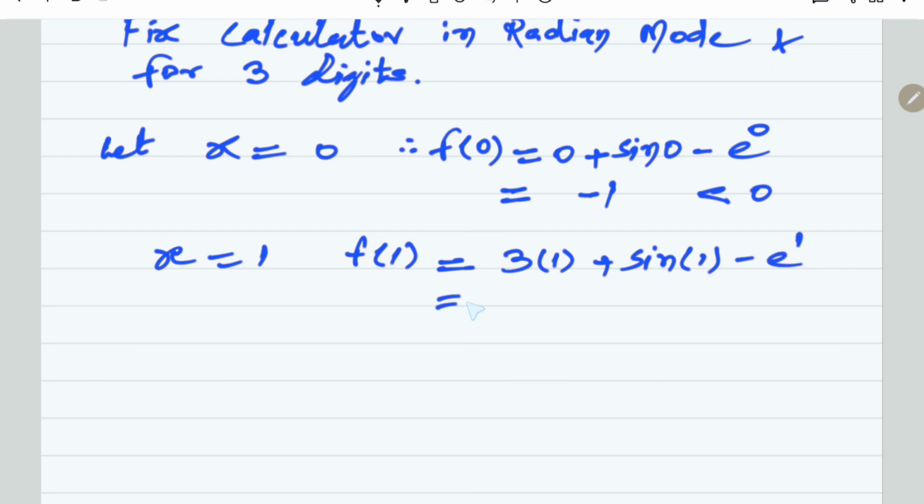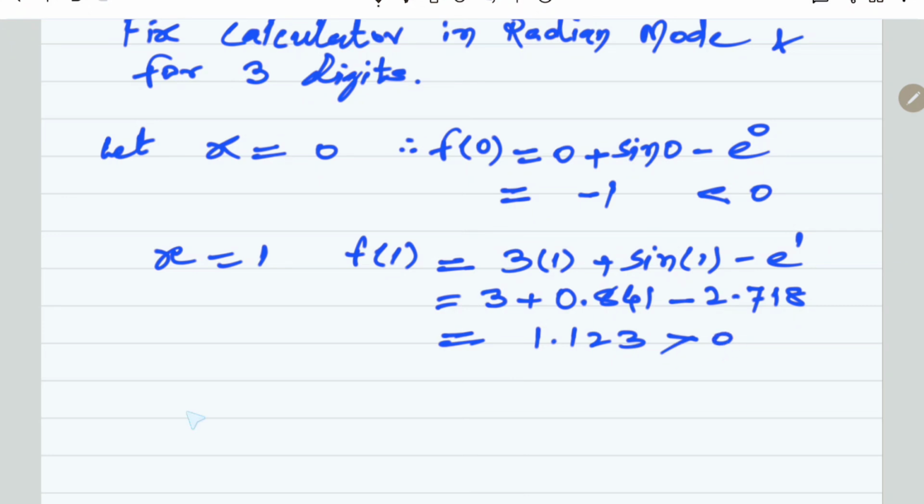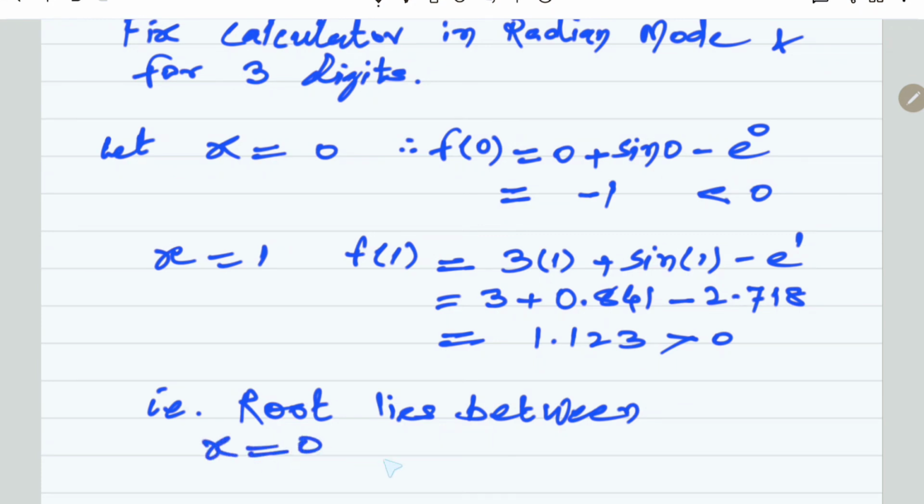With the help of a calculator, sin 1 in radian mode is 0.841, and e raised to 1 is 2.718. Confirm this calculation by performing it yourself. The value is 1.123, greater than 0. One is less than 0, another is greater than 0, which means the root lies between x is equal to 0 and x is equal to 1.